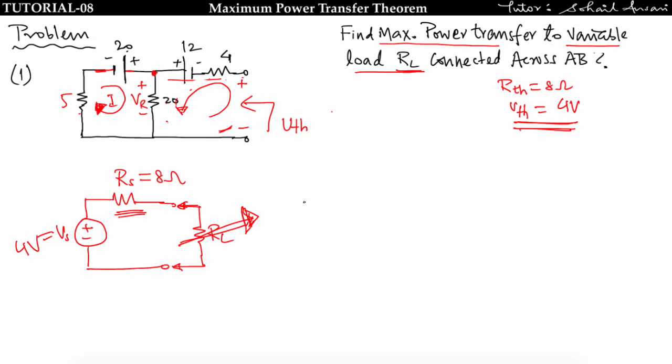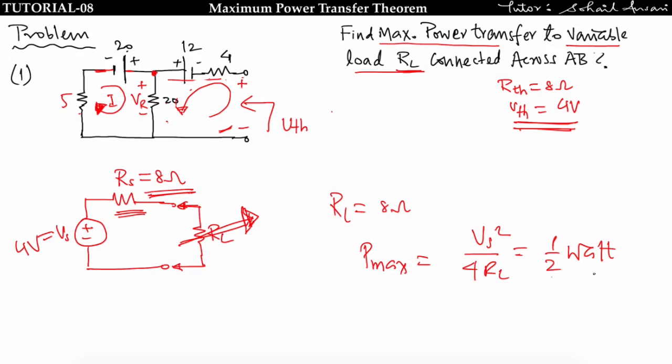That means here the constant is only 8 ohm, so RL is equal to 8 ohm, and Pmax is given by Vs square upon 4 RL. You will get 1 by 2 watt.